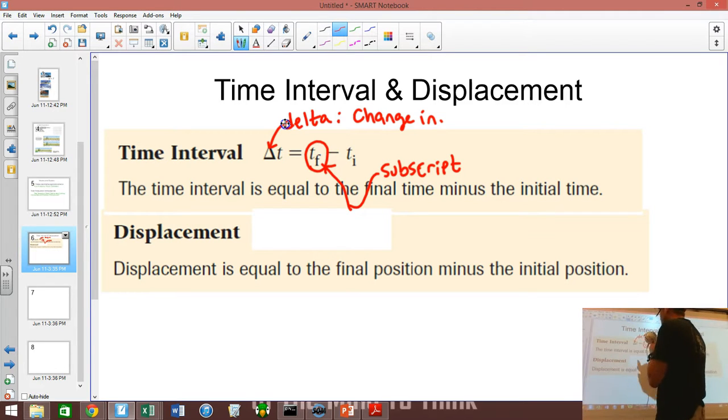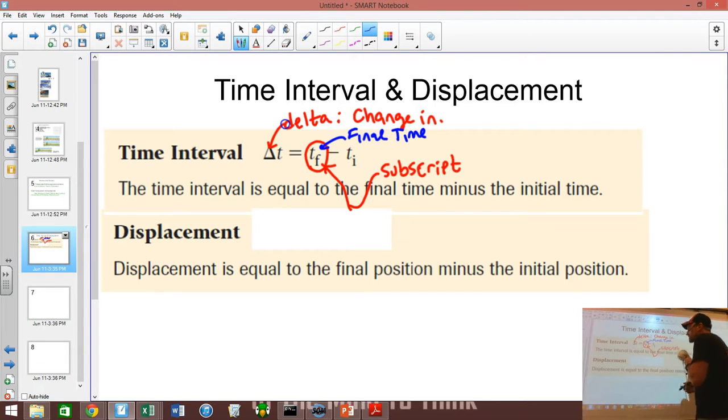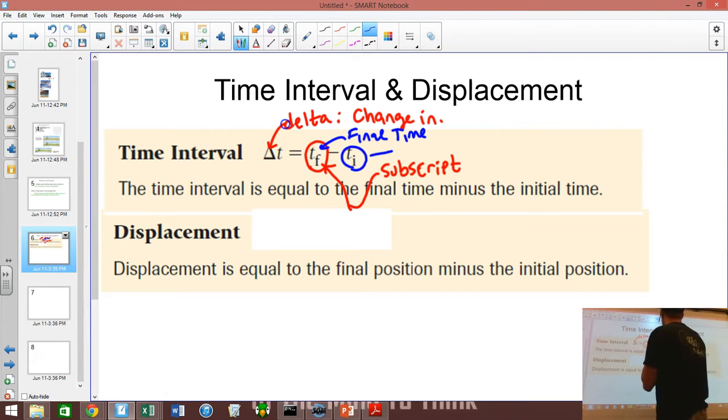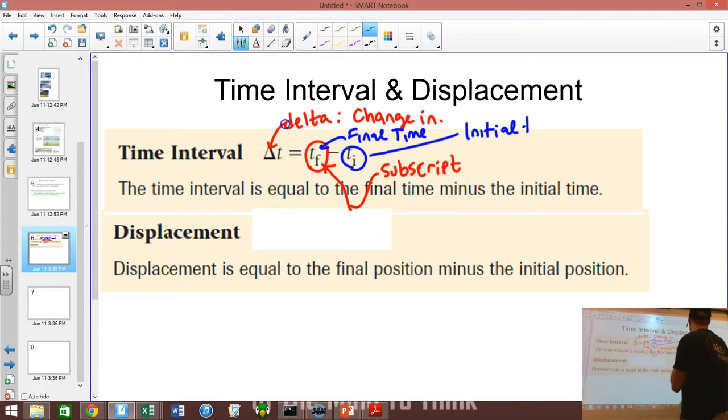We're dealing with time here. And the T sub I, and that's how we typically will say this, subscript, this represents the initial time. So to find a time interval, you just take the final time minus your initial time.